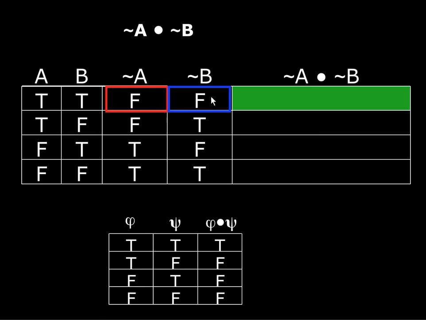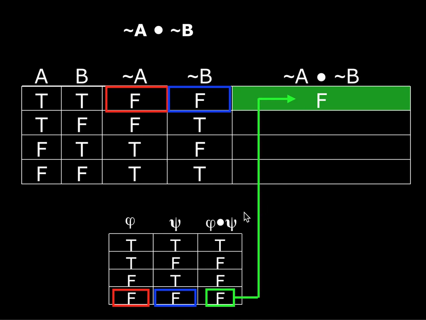What does the table say the conjunction is when the first input is false and the second is false? Well, I'm going to use red and blue down here. Well, that's down here. First input false, second input false, and it outputs false. So I'm going to, up here in the truth table, column 1, output false. Okay, so notice I have to identify the main operator, and this is why I'm using the conjunction truth table, because this is a conjunction.